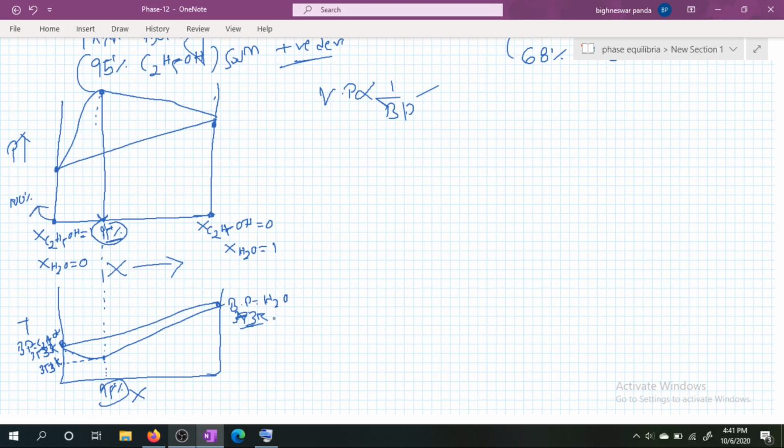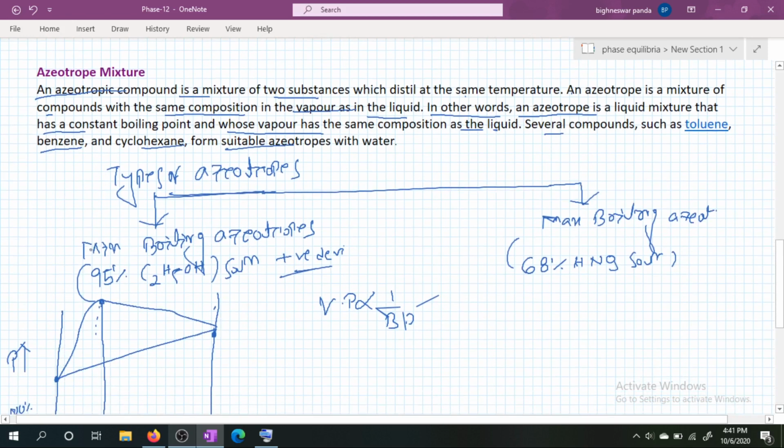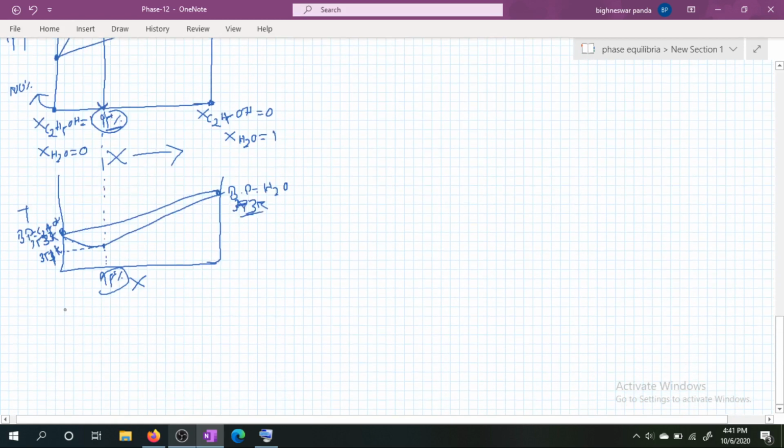The boiling point of alcohol is 353 K and water is 373 K, but the 95% composition has a boiling point of 351 K. That means the boiling point is further decreased. This type of azeotropic mixture is called a minimum boiling azeotrope. So by combining, I can also draw this type of graph.